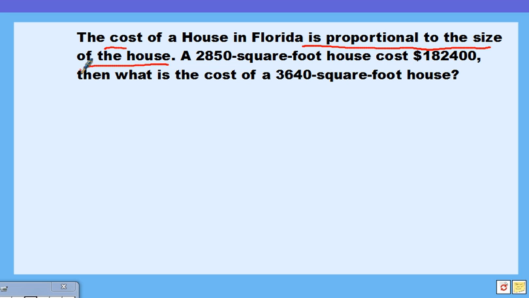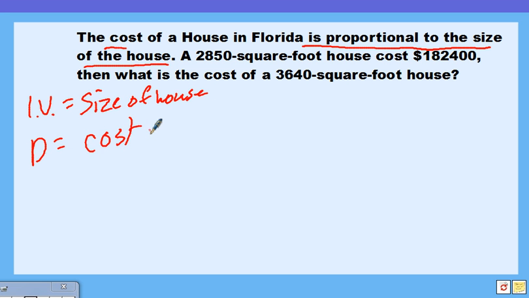Okay, so the size of the house is going to be my independent variable. So my IV, my independent variable, is the size of the house. My dependent variable, that's the cost. Since I have my independent variable and my dependent variable, I know this is technically x and this is technically y.